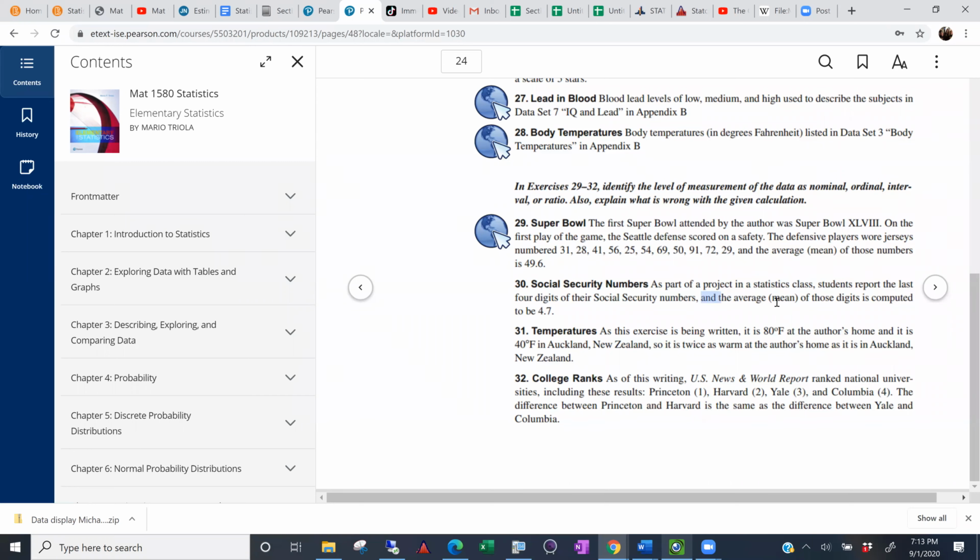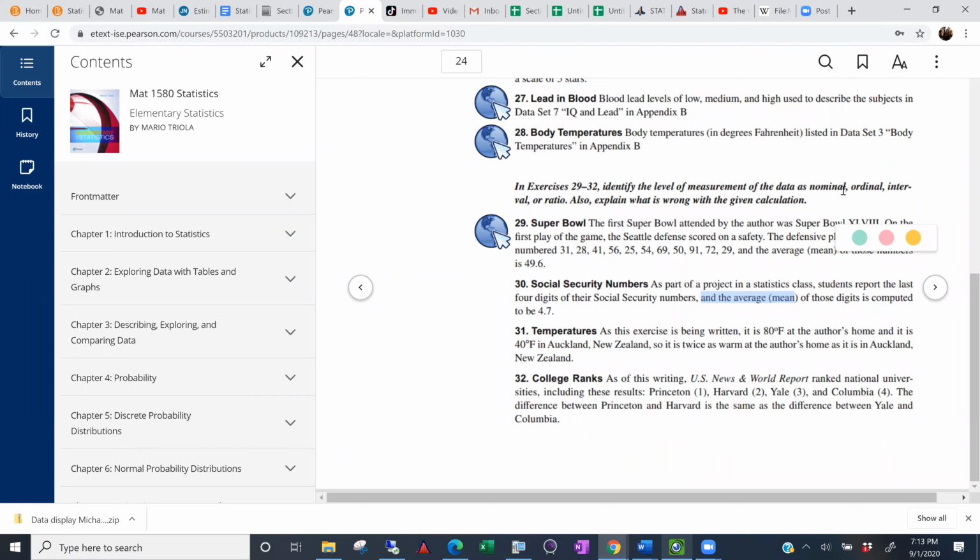Now, I'm not going to worry about the fact that we're going to average these things together. Let's just think about the data itself here, the last 4 digits of your social security number. So what kind of data would that represent? Is it nominal, ordinal, interval, or ratio?